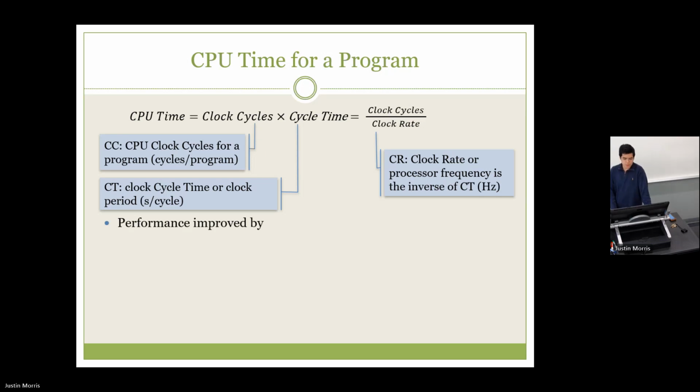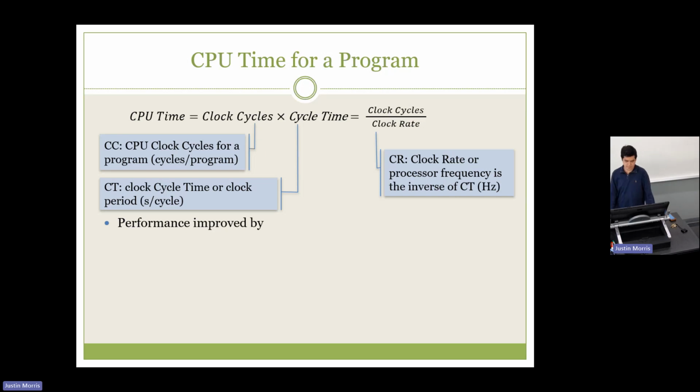Okay, but from this, we can improve performance by doing what? How can we improve performance from this equation? More simple instructions. And what could that lead to?